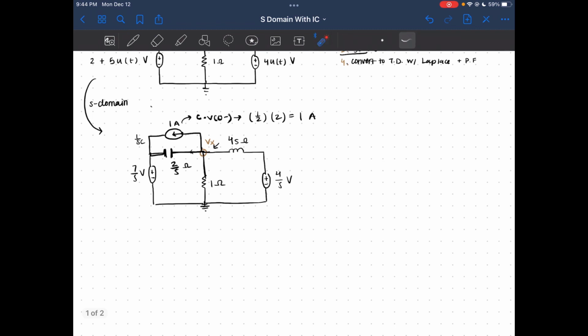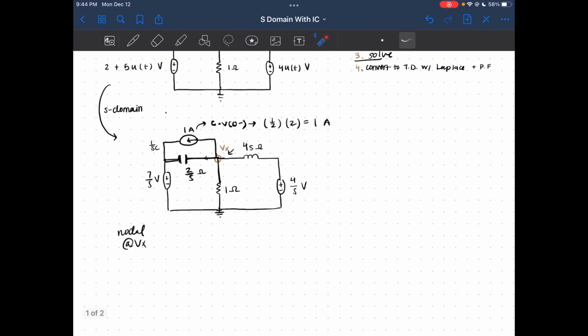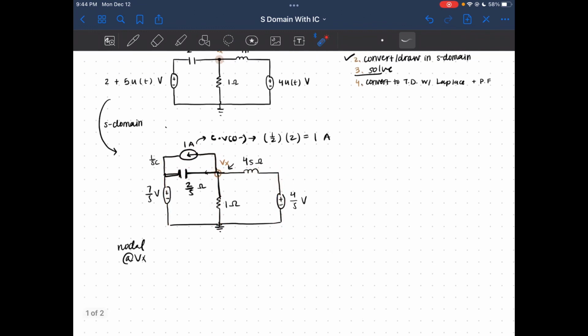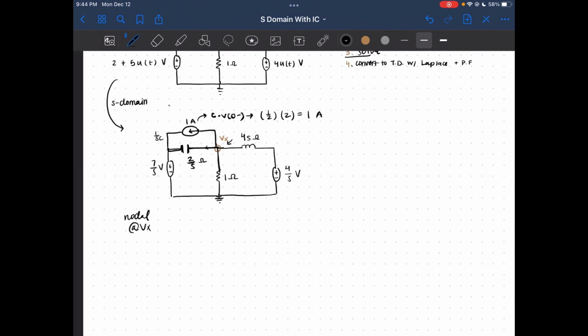Now, to solve for V of x, we will be using nodal analysis at V of x. To approach this problem, we will start with going down each and every single branch, just like that, to solve for our V of x in our nodal equation.